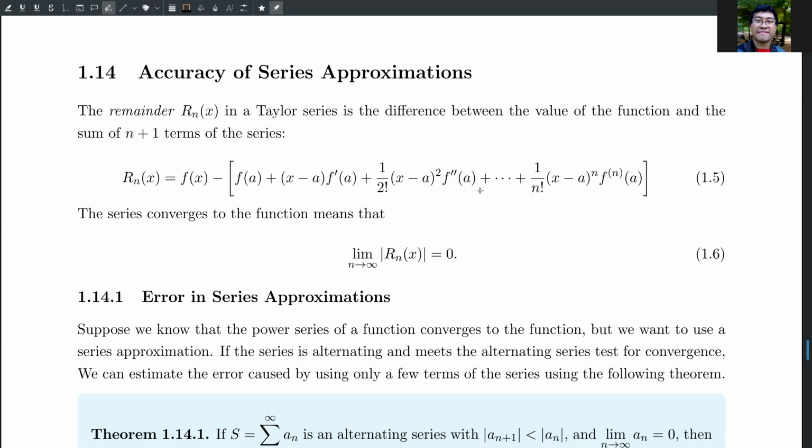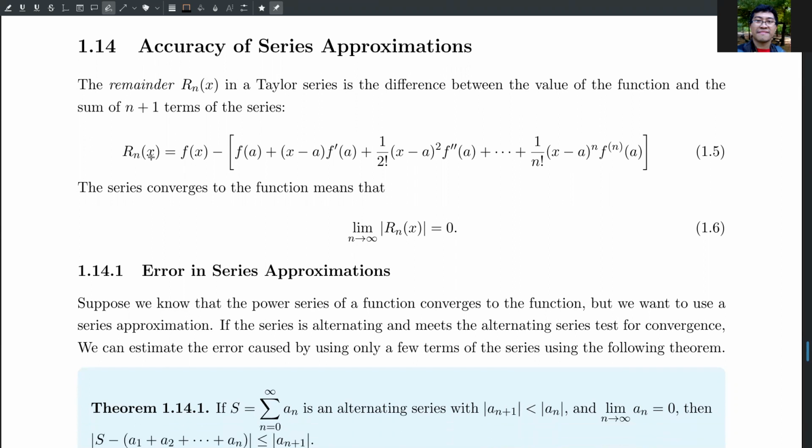We know the definition of remainder, but for our Taylor series, it's the difference between the value of the function and the sum of n plus 1 terms of the series. So you have Rn equals the function minus these terms. If the series converges, it means that the limit of this Rn goes to 0.